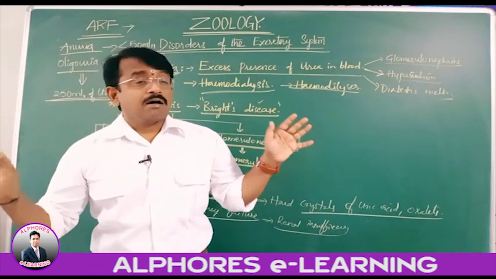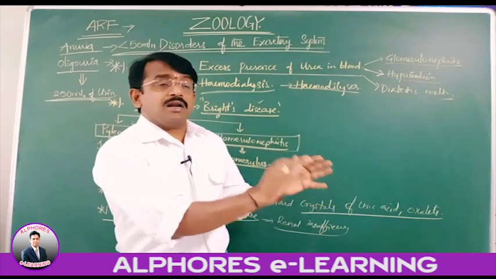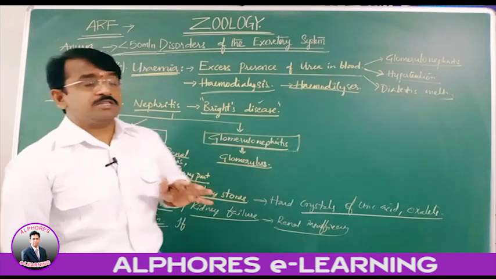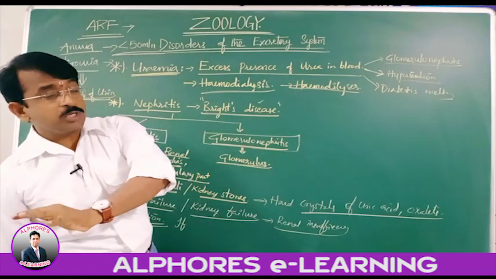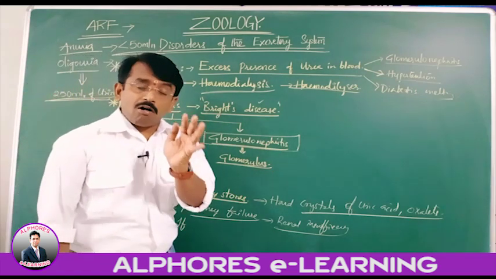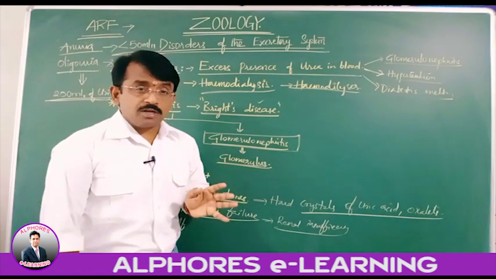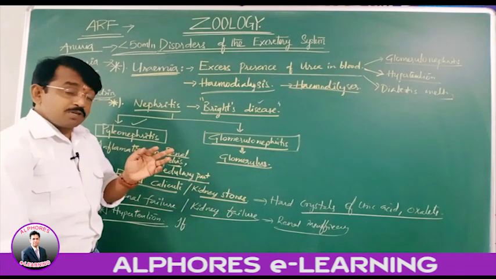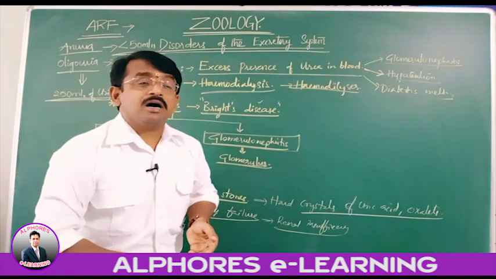It is released under low glomerular filtration conditions. It converts angiotensinogen into angiotensin, which plays a role in the stimulation of the adrenal cortex to secrete aldosterone, which increases the sodium absorption. So if sodium absorption goes on increasing, it results in hypertension.